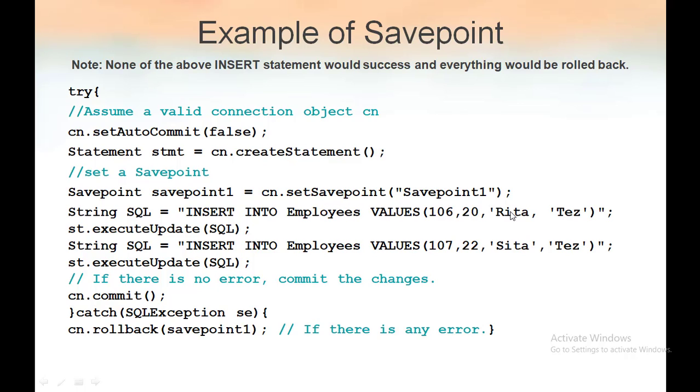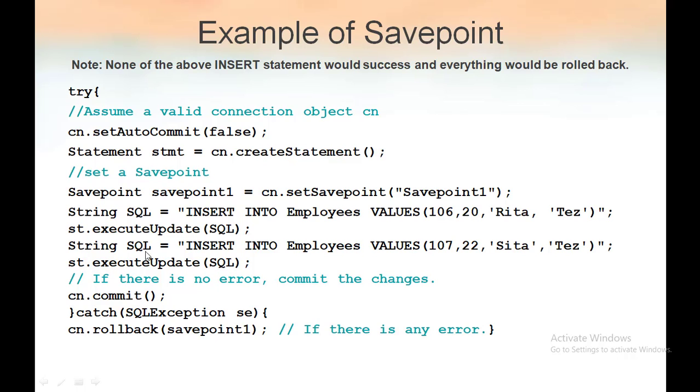In this bracket, you need to pass the name of the save point. This is the name of the save point and this is the object of the save point, savepoint1. st.executeUpdate with an SQL query we are passing. Here another SQL statement, st.executeUpdate, we are passing.